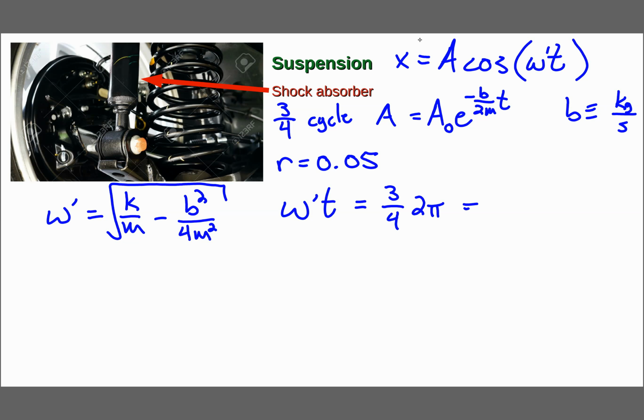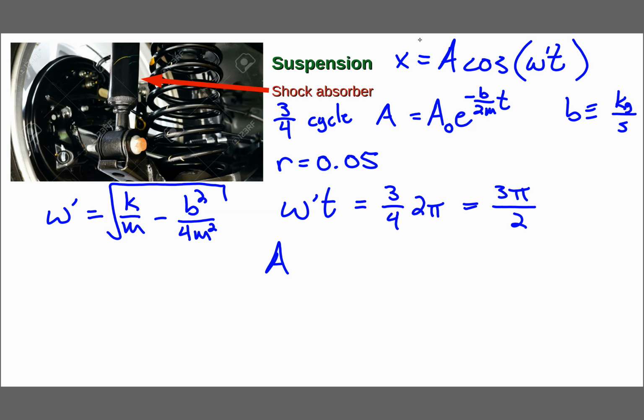And so we want omega prime t to equal 3 times pi over 2, okay? Or you could say 1/4 of a cycle is pi over 2 radians, and we want it to be 3/4 of a cycle, so 3 times pi over 2, okay?